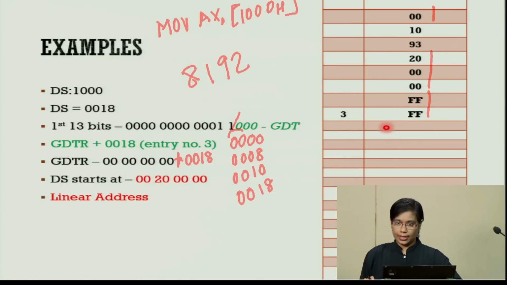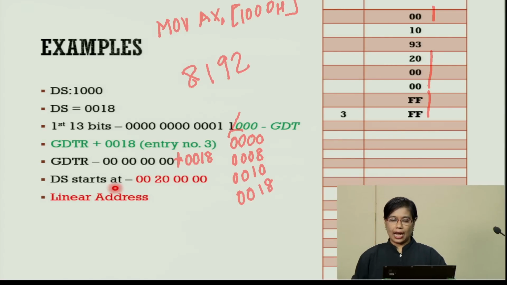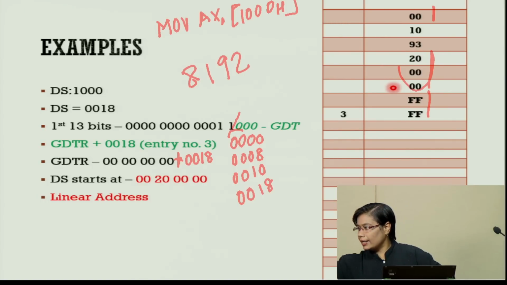So if this is 80386, the MSB of the base address is 00. The rest of the address is 20000. So it means that the segment we are looking at is going to start from address 00200000. So this is going to be the starting address or the base address of the segment.